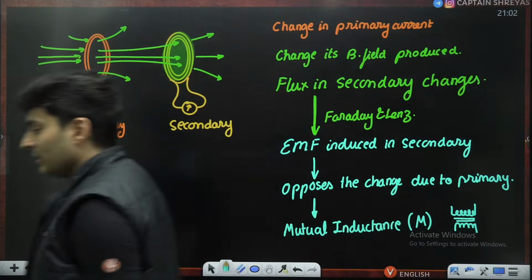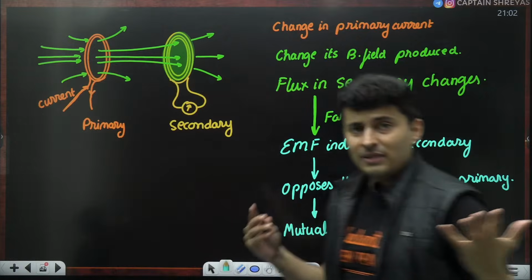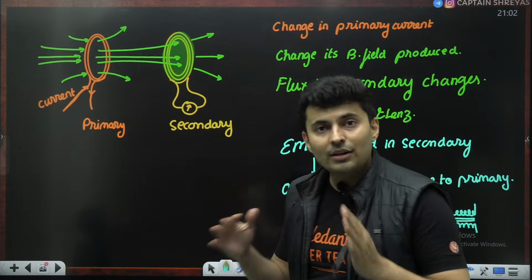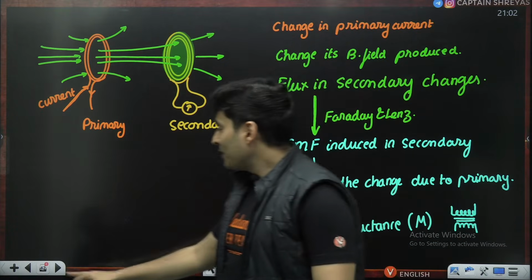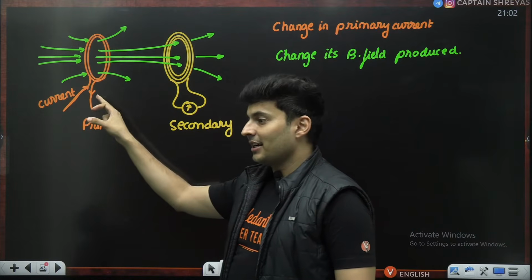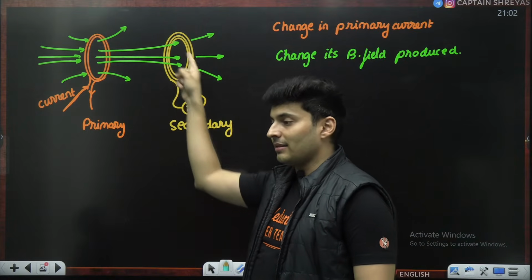That is mutual inductance. By the way, the situation which I have shown over here is very, very simple. Actually, what is happening is much more complex. Imagine this coil is having changing current. This coil affects this coil and produces electricity.